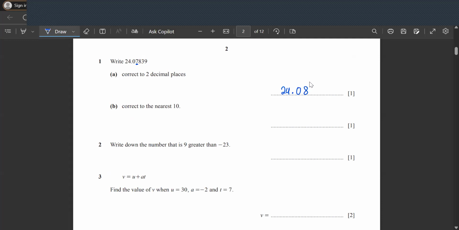8. Okay, correct to the nearest 10. What is correct to the nearest 10? Which digit? At 24? Yeah, nearest 10 means the digit 2, not all 24. I'm searching for the digit. Nearest 10 digit what? 2, because 4 is the ones and 2 is the tens.